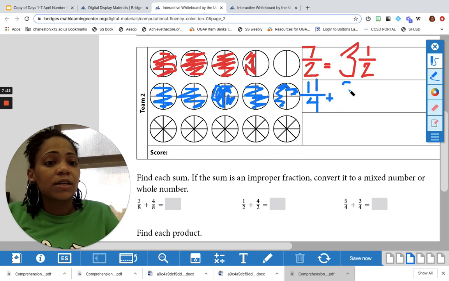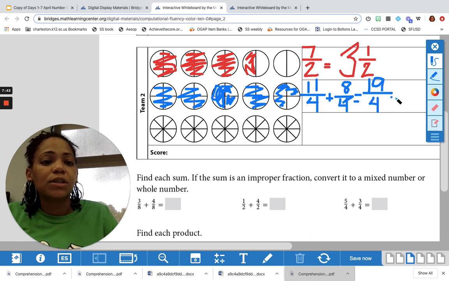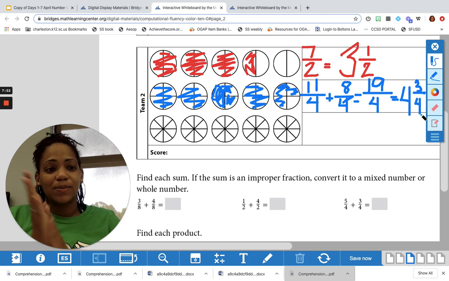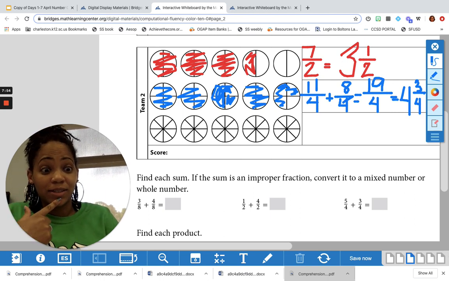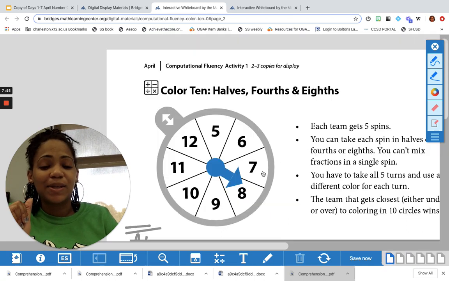I just colored in 8 fourths, which gives me 19. Yes, 19 fourths, which is 4 wholes, and then 3 fourths of another whole. So I'm really close to 10 already, which means I've got to play strategic for my next few spins.